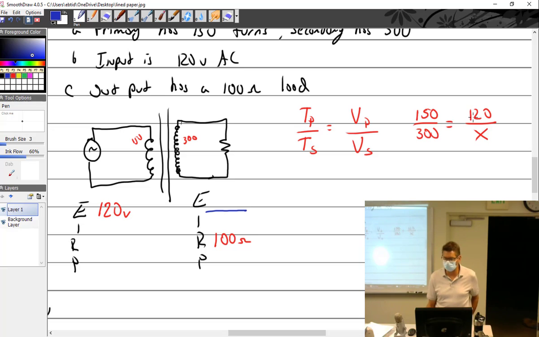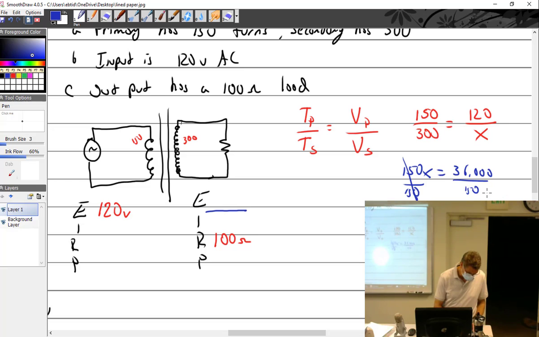My voltage on the primary is 120, so I just solve for X. Cross multiply, I have 150X equals 36,000. Divide both sides by 150. So X equals 240.